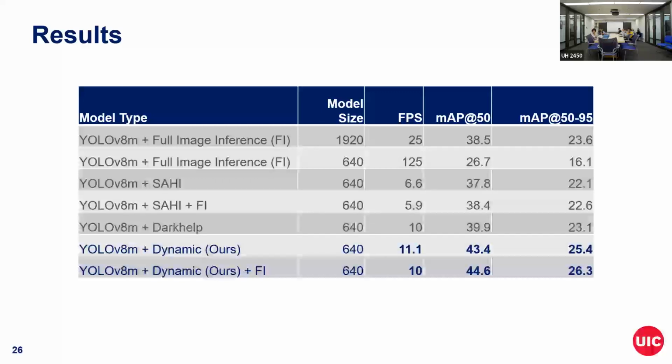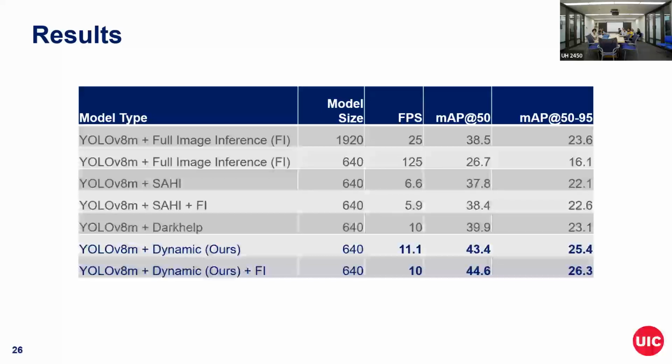If we build a model with the full-size image, full HD at 1920, we get a relatively high frame rate and a relatively okay mAP, which is 38.5. If we don't have that kind of resources and have to reduce the image size to 640, then of course we get a higher frame rate, but our accuracy drops to 26.7.